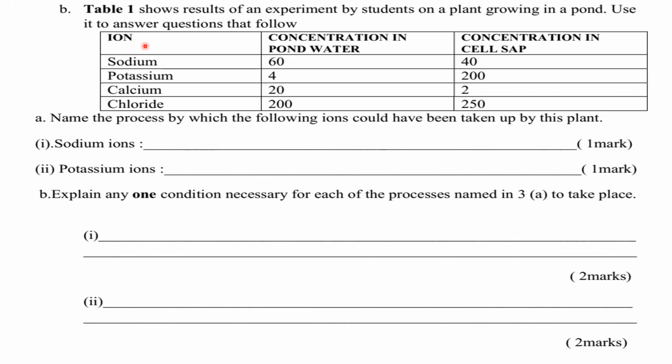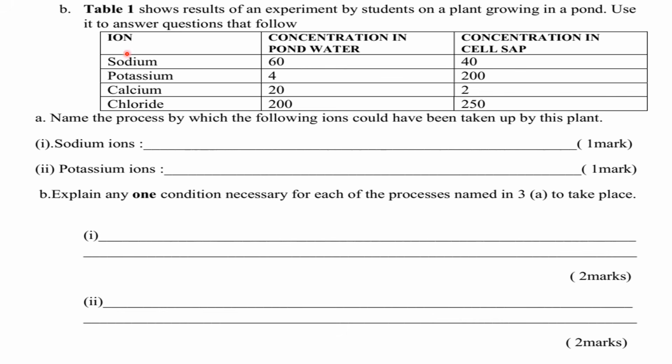Table 1 shows results of an experiment by students on a plant growing in a pond. So we have a pond environment in which plants are growing. Use the table to answer the questions that follow. Let's examine the table together.